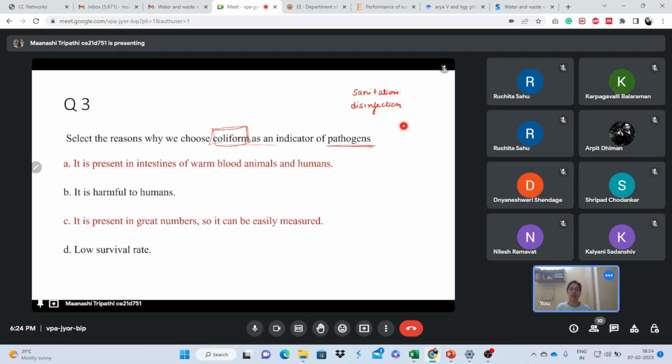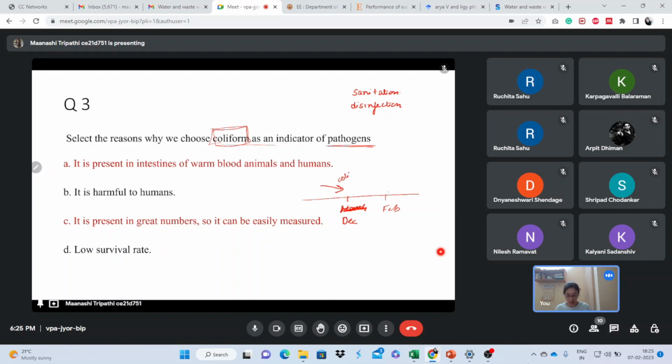So that is why, even if there are no pathogens, I'll give you an example. This is a timeline. Today is February, and March. Sorry, January, or let's write December. If someone has discharged feces in December, it will increase the amount of coliform.